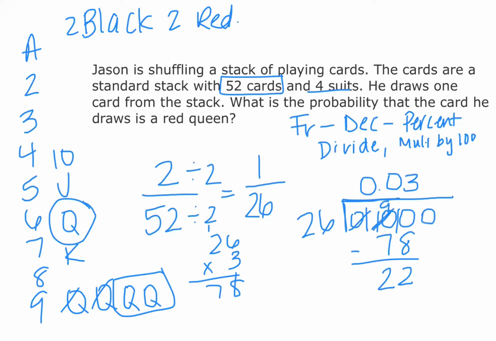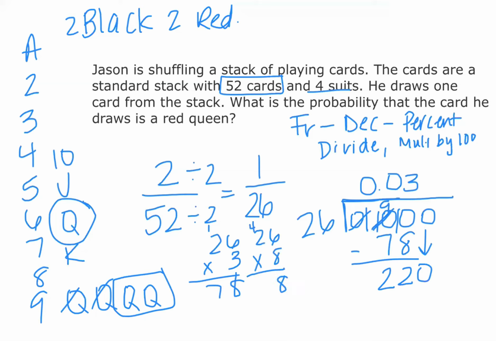Add another 0. 26 goes into 220. I'm going to guess it's 8. Let's try that. 8 times 6, 48. Carry the 4. 16 plus 4, 20. Yes. So 8, 208. So 2, 1, 12. I'm going to stop here because it's going to get a little complicated.